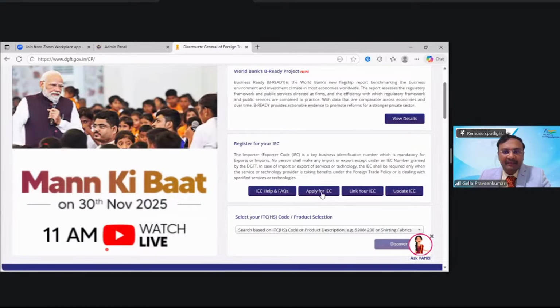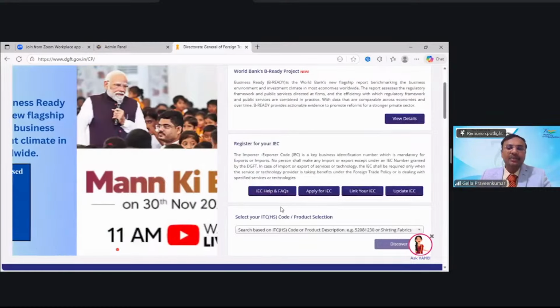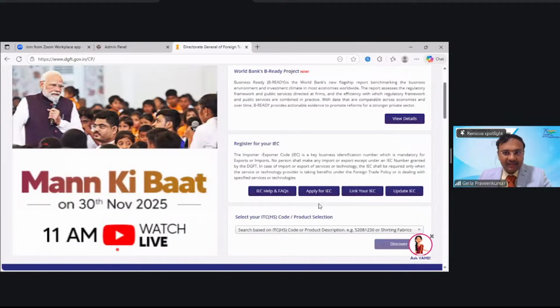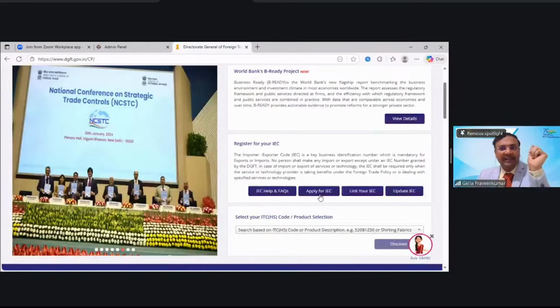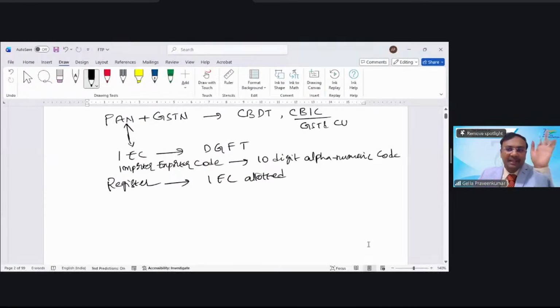IEC help, apply for IEC, link your IEC, update IEC. So this is the basic fundamentals of what we would be doing with respect to the DGFT. First and foremost, unless I apply, you can see here the term apply for IEC. Unless I apply for IEC on the DGFT portal, it is not deemed that you have an IEC code. So compulsorily, you need to register.